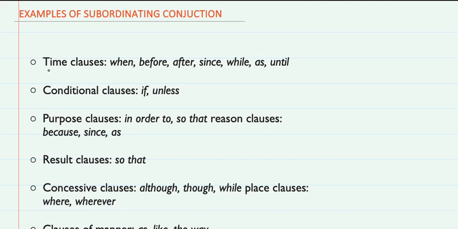We have structured them into time clauses. So when we want to use them for time, we have when, before, after, since, while, as, until. We have conditional clauses: if, unless.